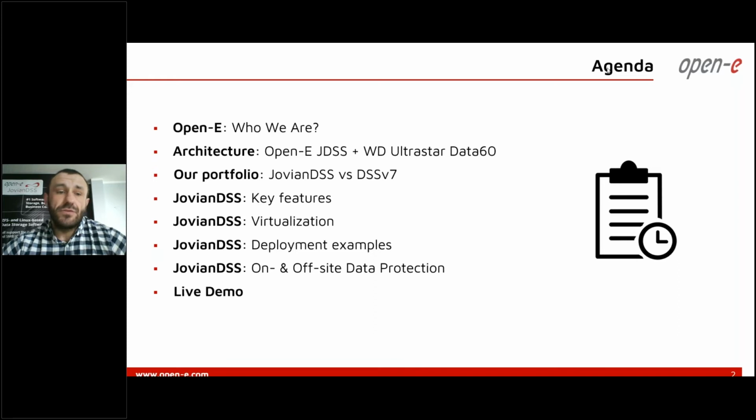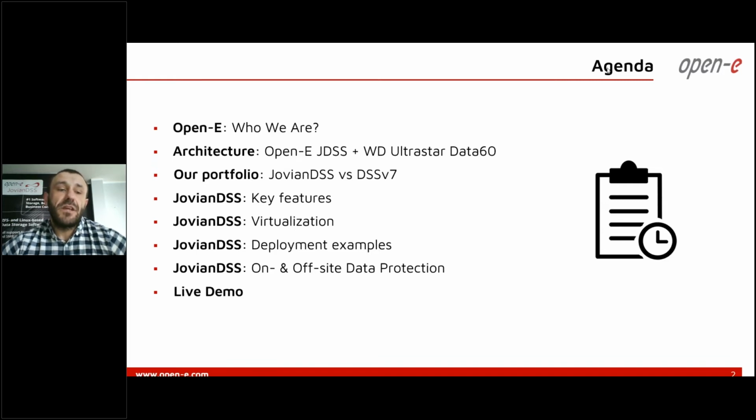Next, we will check what our architecture is for today, how our environment is configured, and how the JBOD from Western Digital is connected with our software, JovianDSS. Next, we'll go through our portfolio to check how we can manage the requirements of businesses of all sizes.